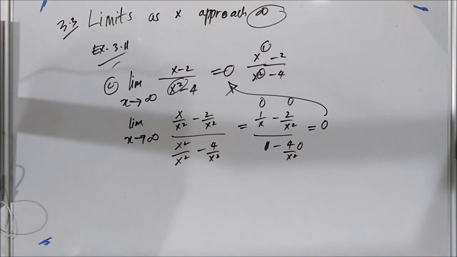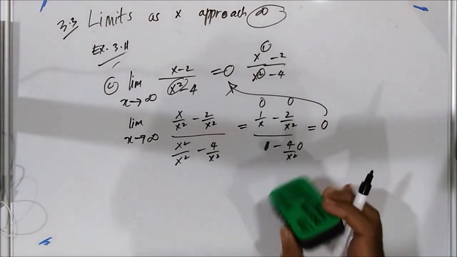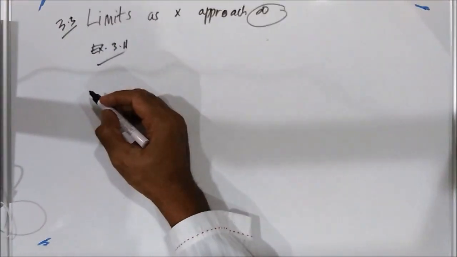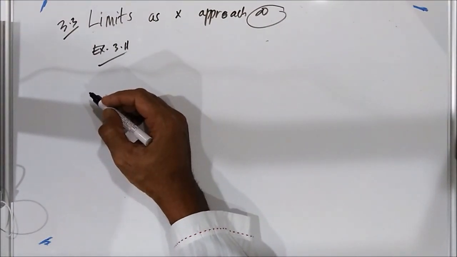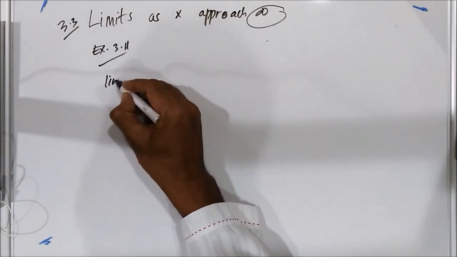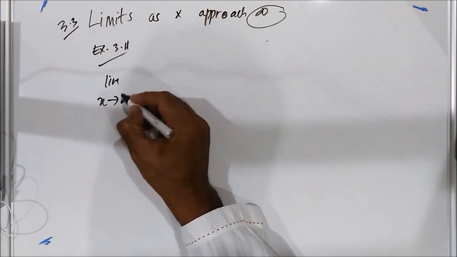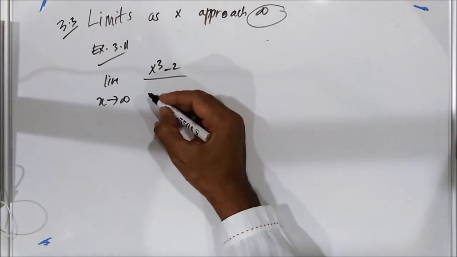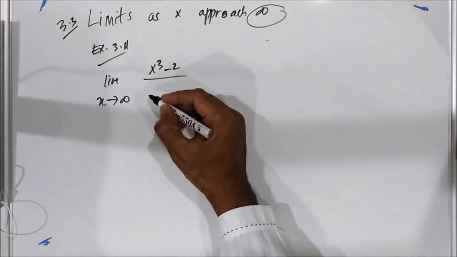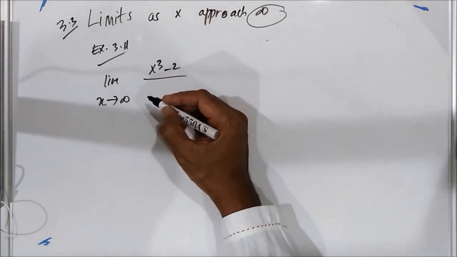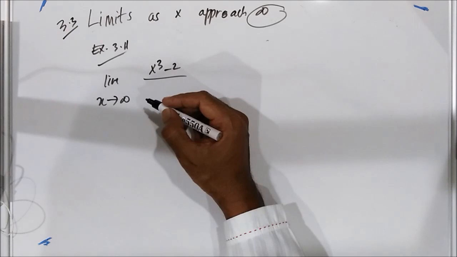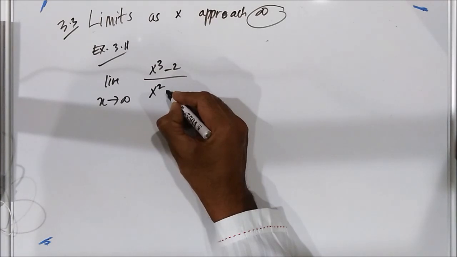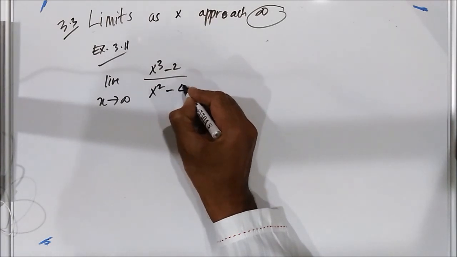And D, I have the limit of x approaching infinity of (x cubed minus 2) over (x squared minus 4).